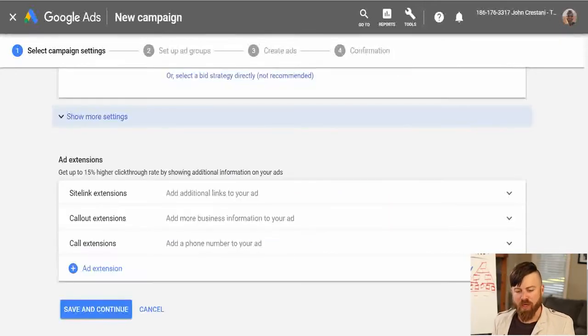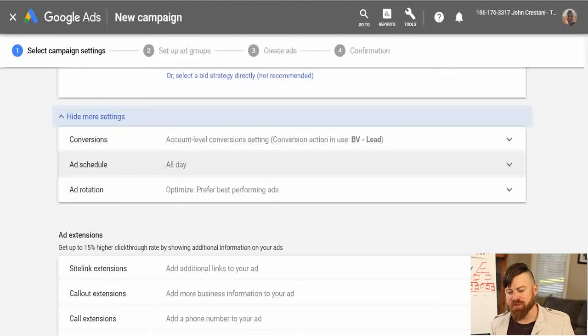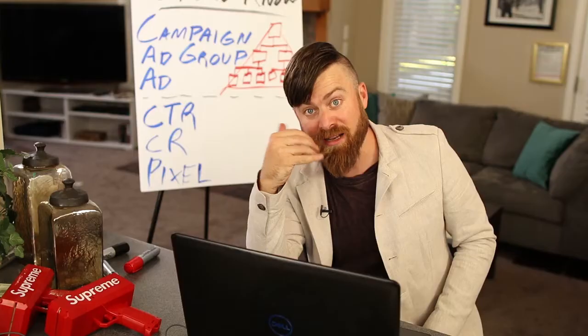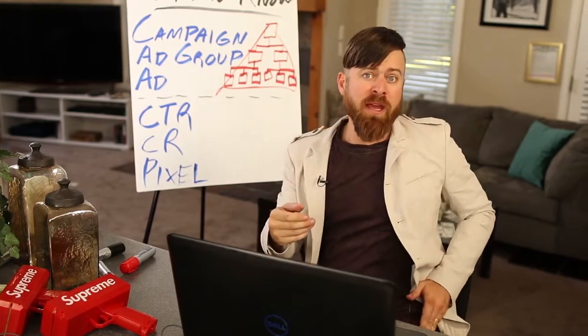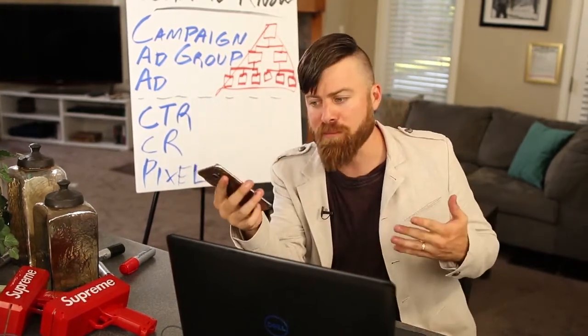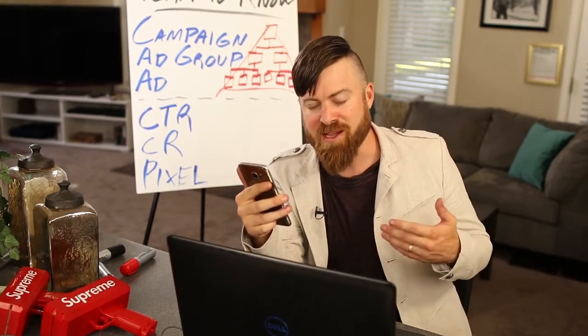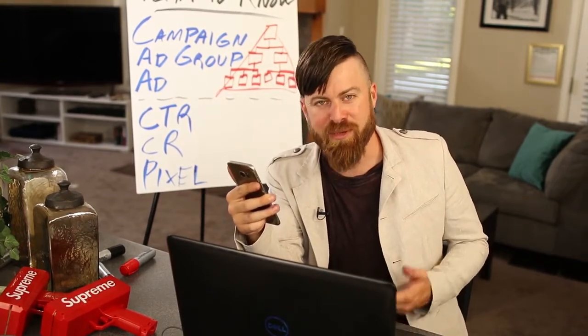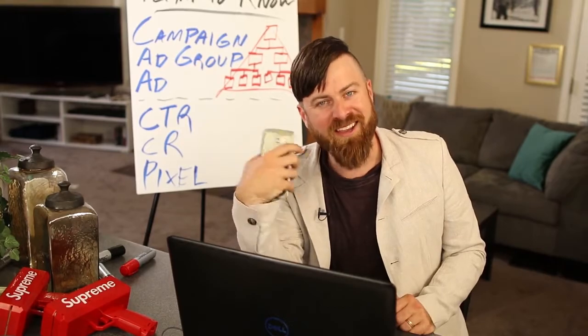Now, the next thing I'm going to look at is show more settings. Now, if I was advertising a particular company which only took phone calls, right? Let's say you are a plumber and you want to get more leads, people calling you that have broken pipes or whatever. You'd advertise on burst pipe, but you're not going to take a phone call in the middle of the night.